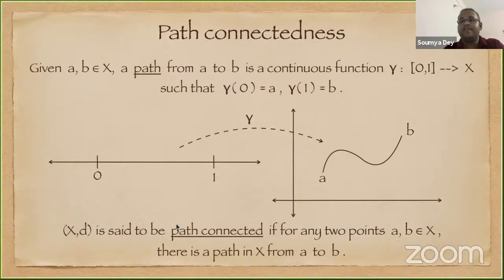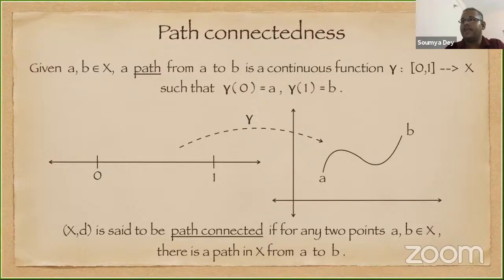A metric space X, d is said to be path-connected if for any 2 points A and B, there is a path in X from A to B. So if you can join any 2 given points by a path, you say that this metric space is path-connected. And it's a fact that a path-connected metric space is actually connected. So path connectedness implies connectedness. This is a much stronger notion.